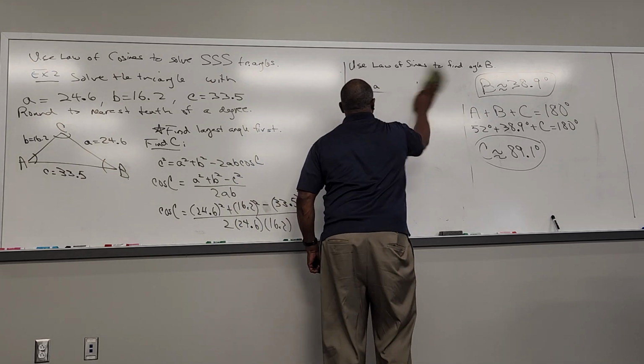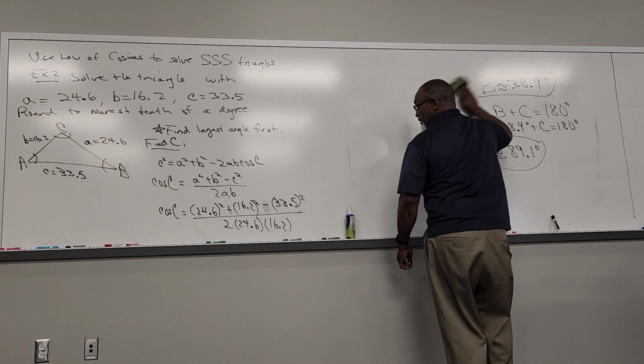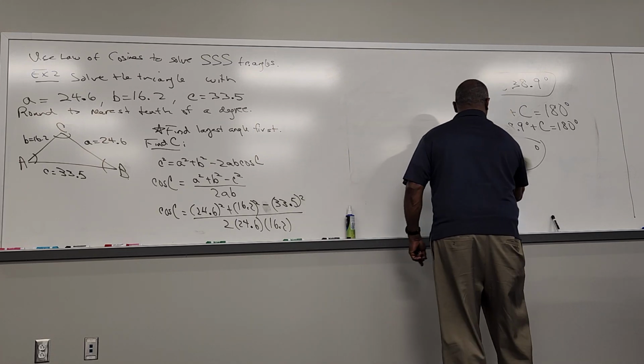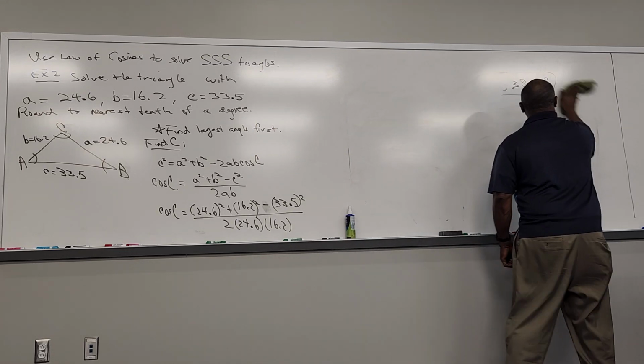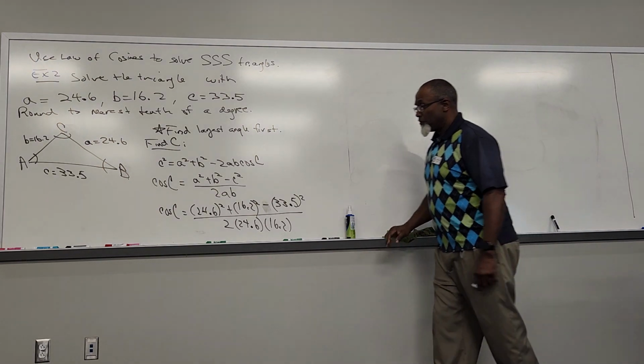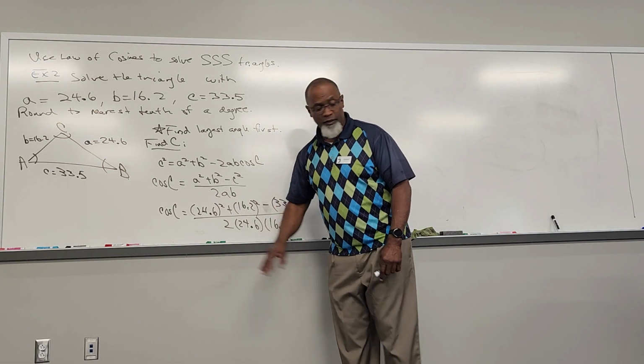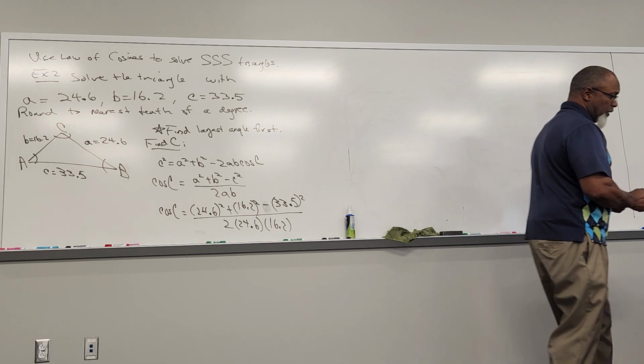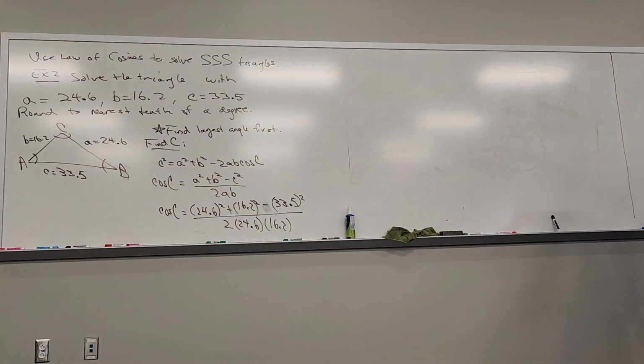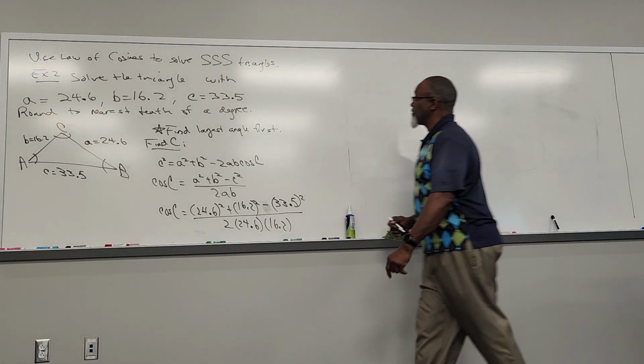All right. Well, take your calculator and work out that right side, being very careful. Do all of this math on the right side, being careful. And then we'll take the inverse cosine so that C is approximately 108.6.